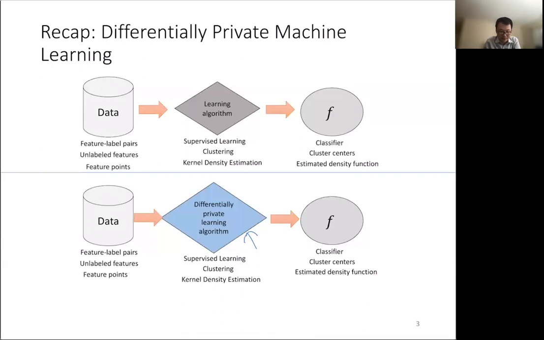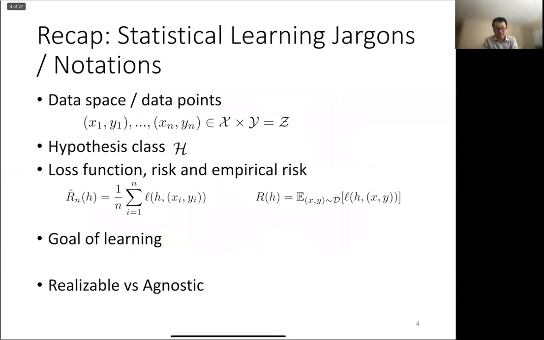This provides privacy to individuals, while still allowing the learned classifiers or hypotheses to capture the distribution the data is coming from at the population level.